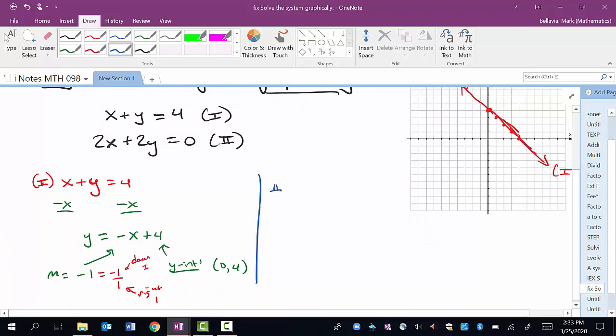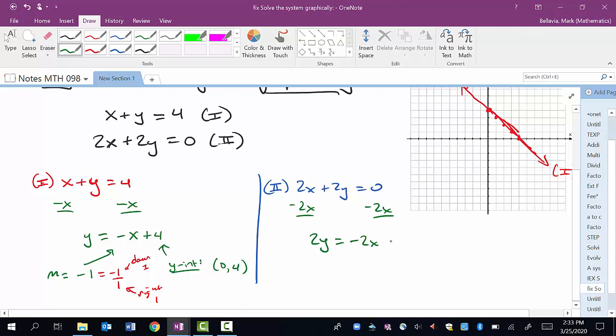Similarly, for equation 2, I have 2x plus 2y equals 0. And then we're trying to get y by itself again, to get that y equals mx plus b form. So the first thing I'll do here is subtract 2x from each side. And you end up with positive 2y equals 0 minus 2x, which would be negative 2x. Now you can put plus 0 here if you want, but typically we don't, because anything plus 0 is just itself.